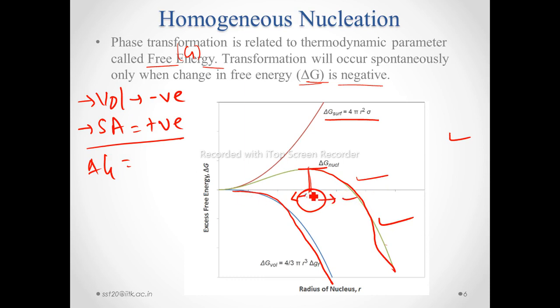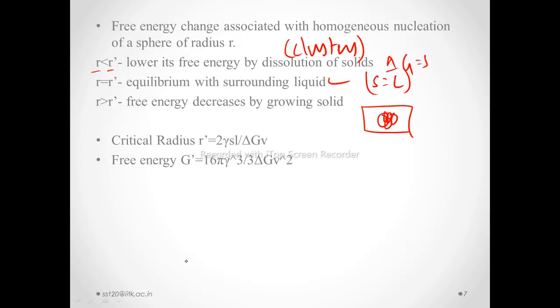The system can reduce its Gibbs energy by dissolving the solid if a cluster has a radius less than the critical radius. This is the importance of critical radius.